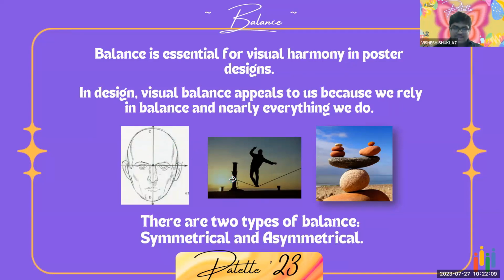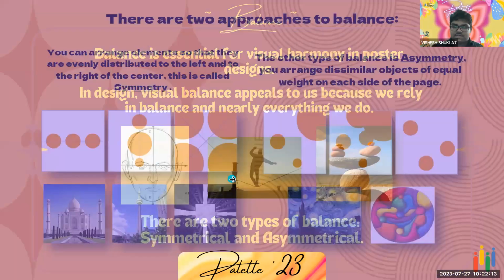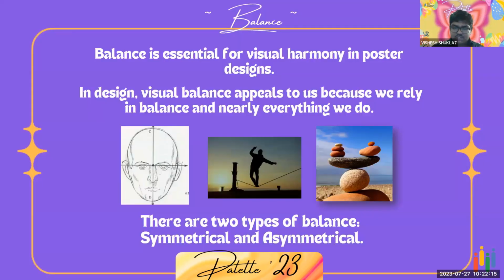Balance creates stability in your poster. Every element on your page carries a visual weight. So if a poster is displaced and not in the correct order, it would feel like the page is falling to one side, and it will look distorted.